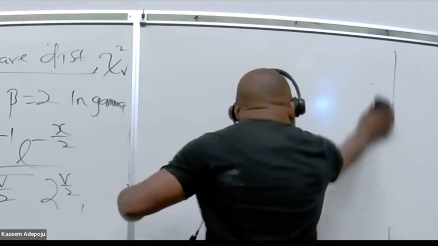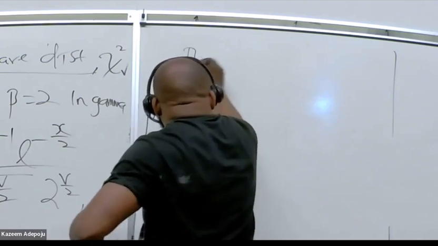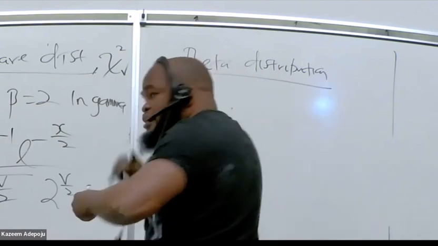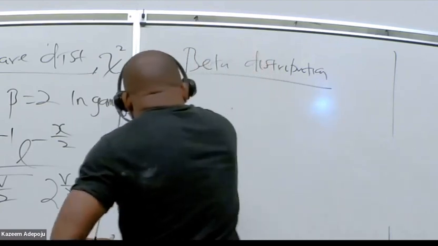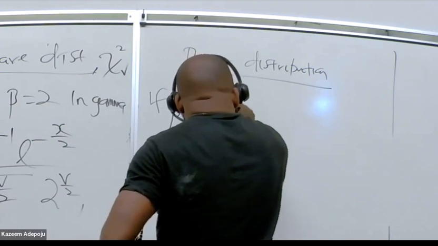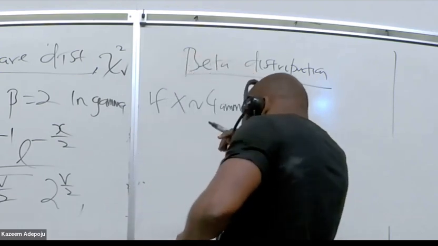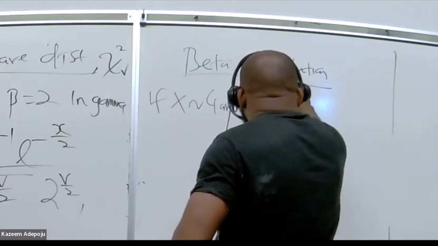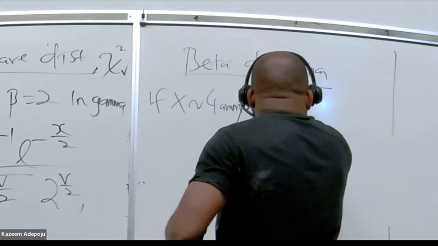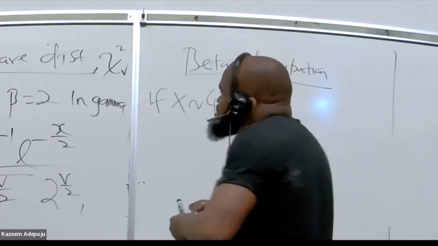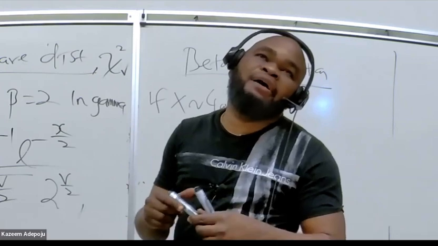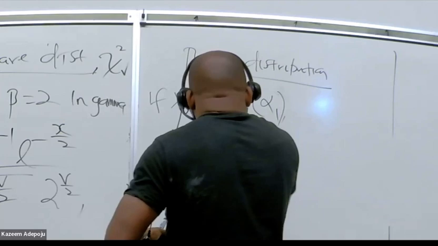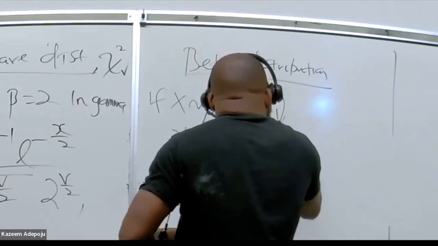Do you know that if x follows gamma with parameter alpha 1, at times I can decide to use one parameter for gamma, and y follows gamma with parameter alpha 2.